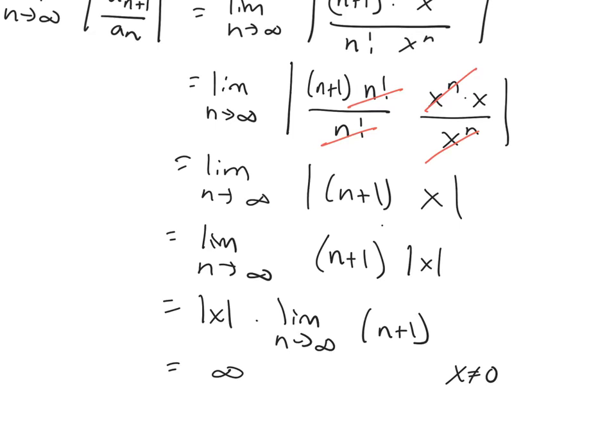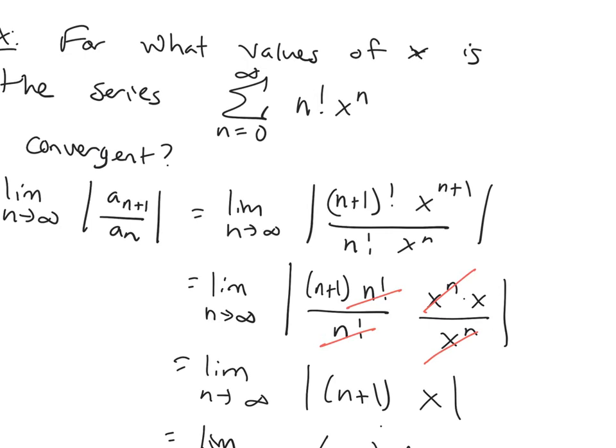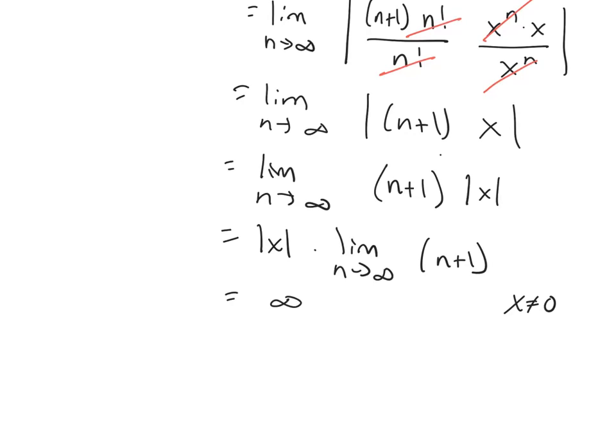And this was a power series that was centered at 0. If I go back up, look at my power series, it's x to the n, so it's centered at 0. So I know it converges at a, which is 0. But it turns out that's the only value that it converges for. So the series diverges when x is not equal to 0.